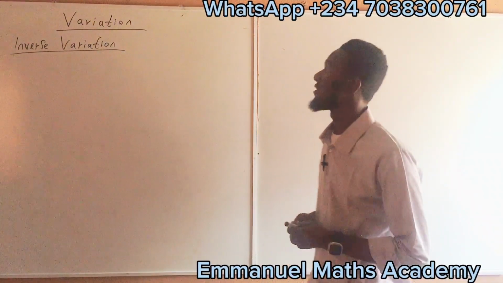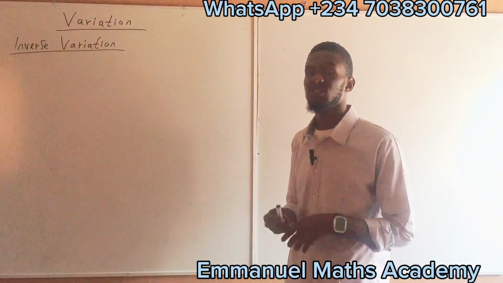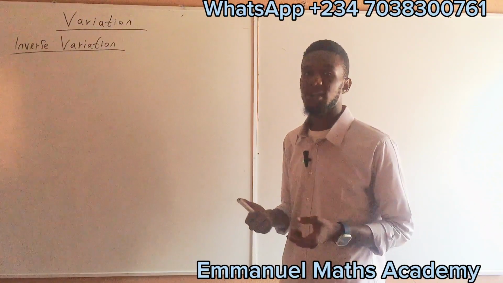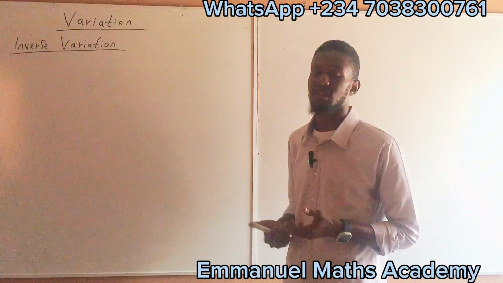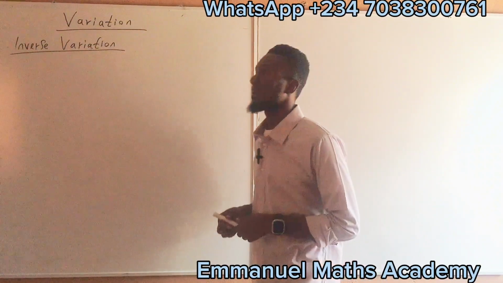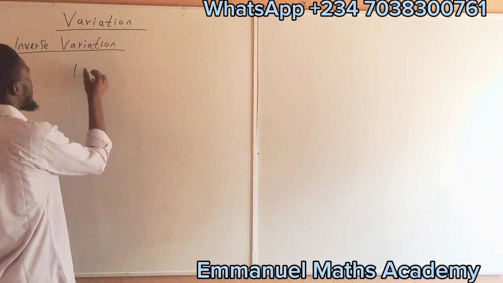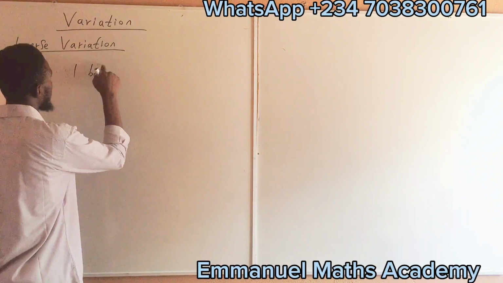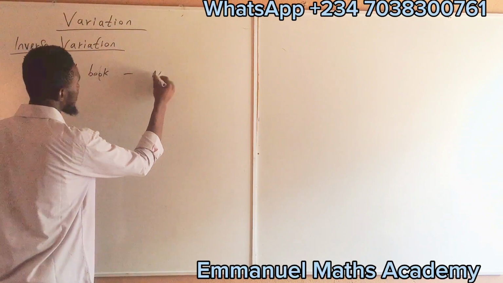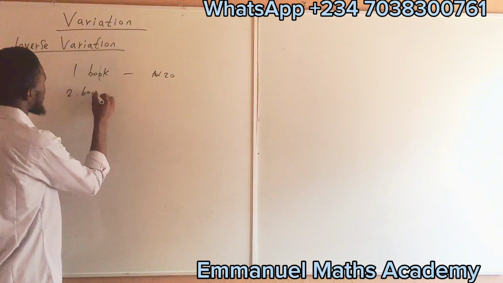So in the last video, we introduced the topic variation, where we said that variation is the relationship between two or more quantities, whereby a change in one quantity will bring about a corresponding change in another quantity. We said that if one book costs maybe 20 naira, then two books will cost how much?